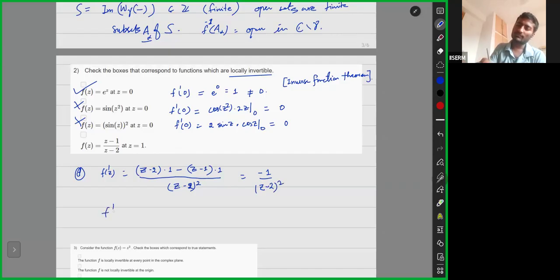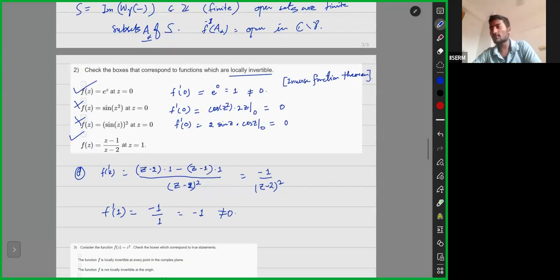Sorry, we want f prime at 1. So it is 1 minus 2 is minus 1, square is plus 1. So it is minus 1, which is not 0. Hence, the fourth option is correct. It is locally invertible. We are just using the inverse function theorem and getting the results. Fine.